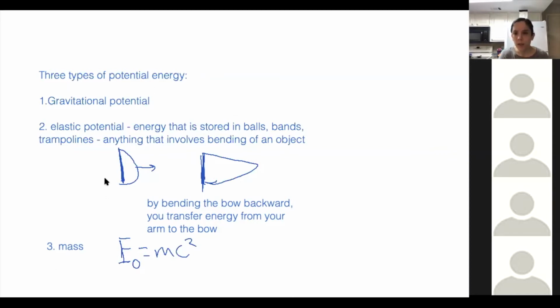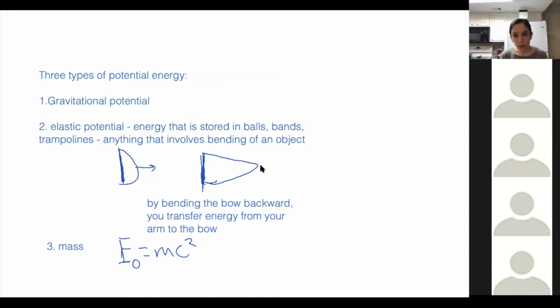Does everybody have all of this down? Not yet. Okay. So Einstein said that you can transfer matter into energy, energy into matter. And so using this equation right here, what this says is that when you pull back a bow and give it energy, you've increased its mass. Now, the amount of mass you increase it by is so small you really can't measure it, but it is there according to this equation.